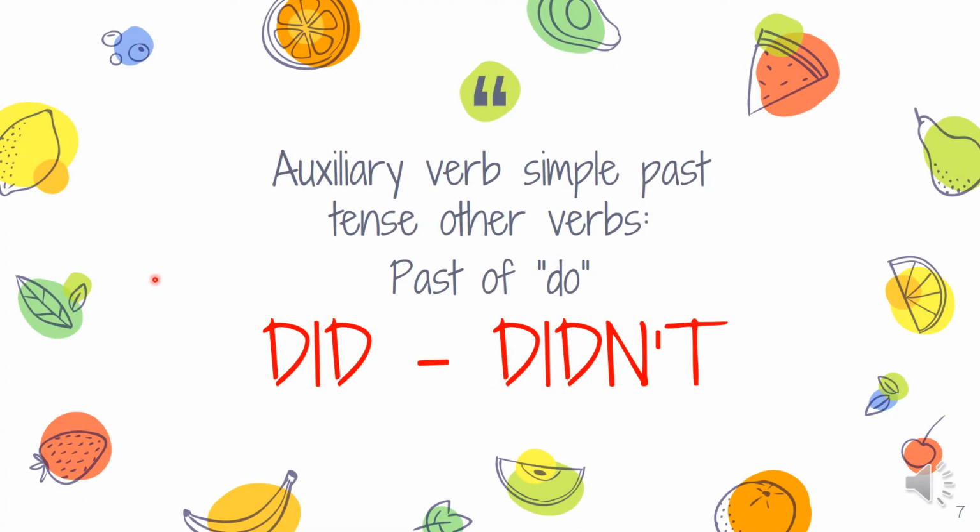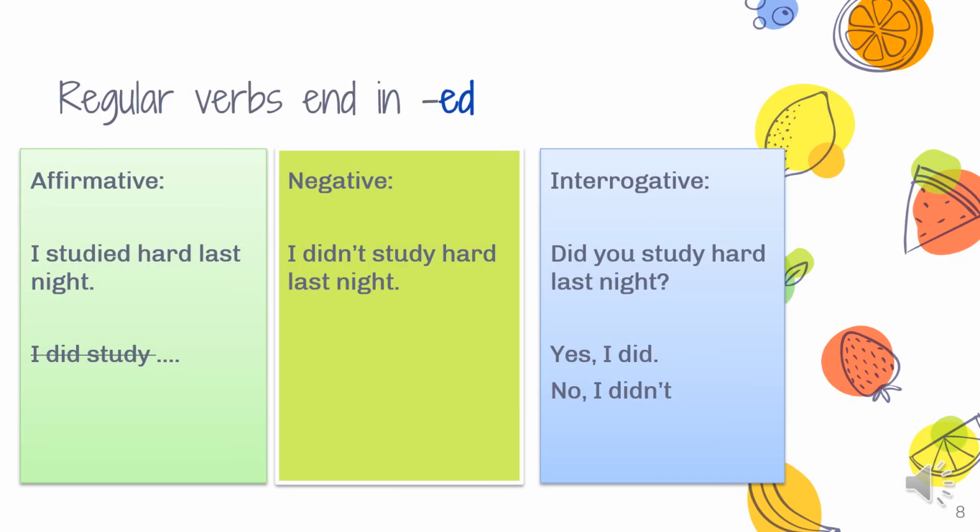Now, auxiliary verb, simple past tense, other verbs. Past of do: did in affirmative or didn't in negative. Regular verbs end in ed. Affirmative, how does it work? Well, we're going to follow the rules I mentioned a moment ago too. I studied hard last night.